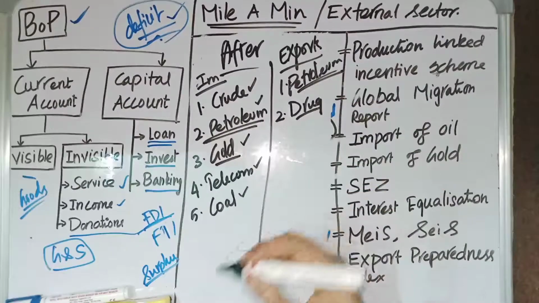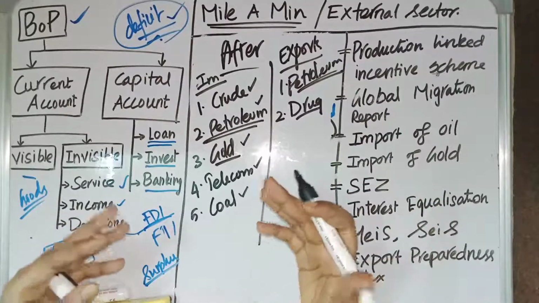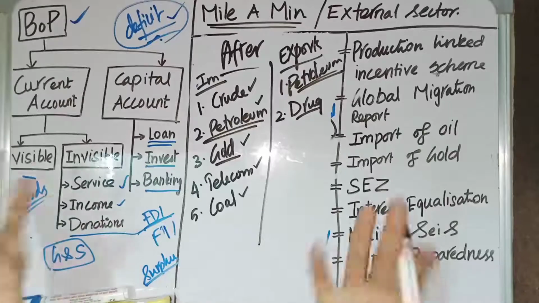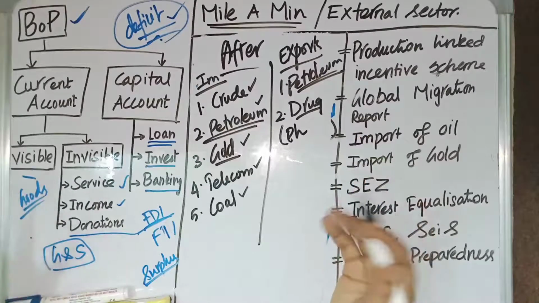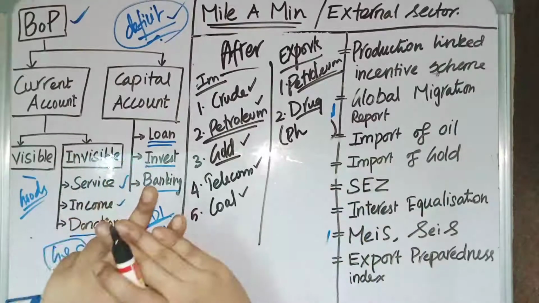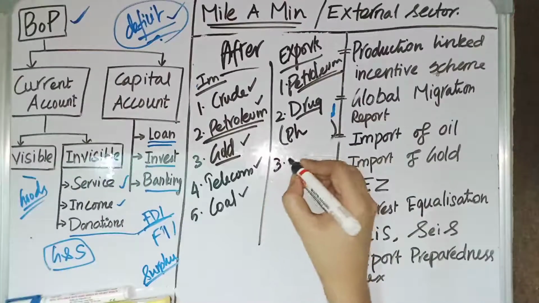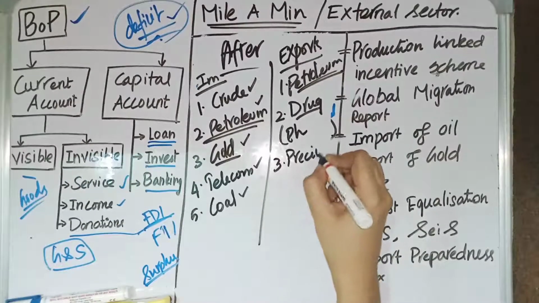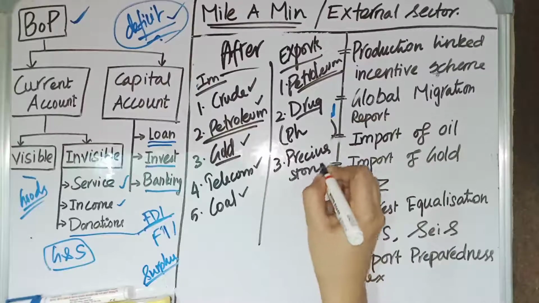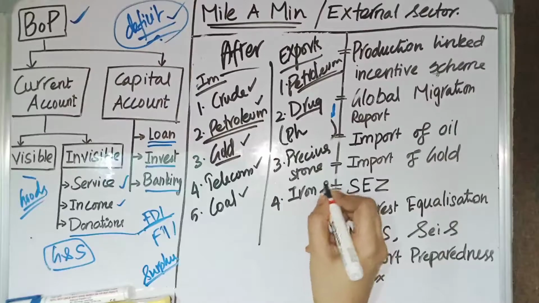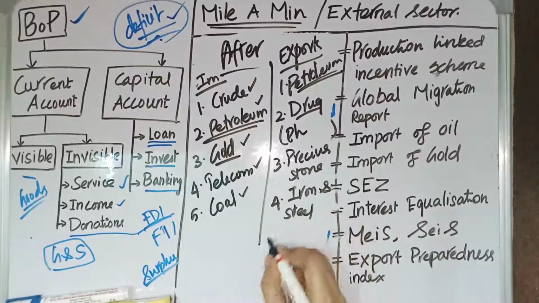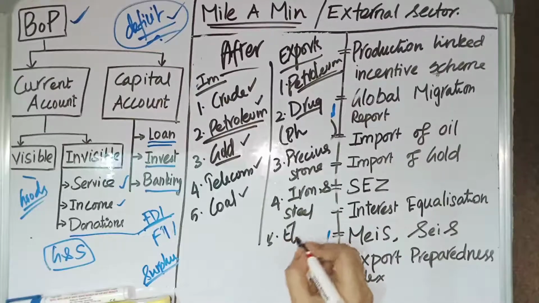During this pandemic you would have seen that we exported many of our medicines to foreign countries. We have pharmaceutical products which we export more, so it ranks second in exports. The third one is precious stones. India has more precious stones and we export them more. The fourth one is iron and steel, and the fifth one is electric machinery.